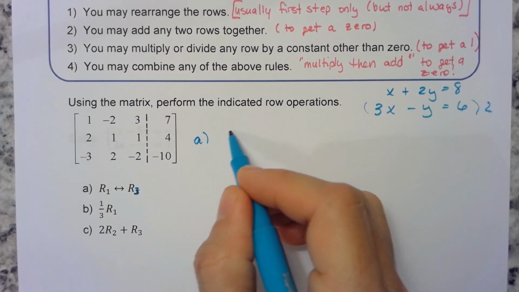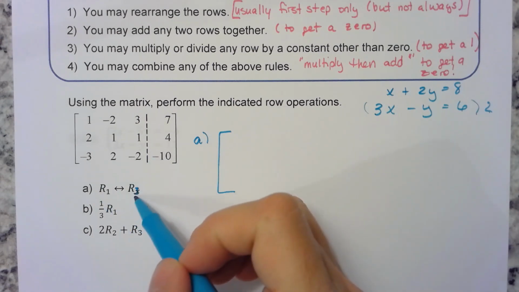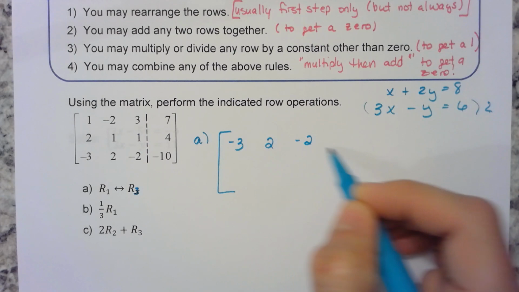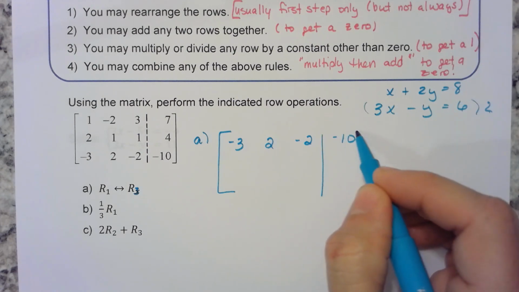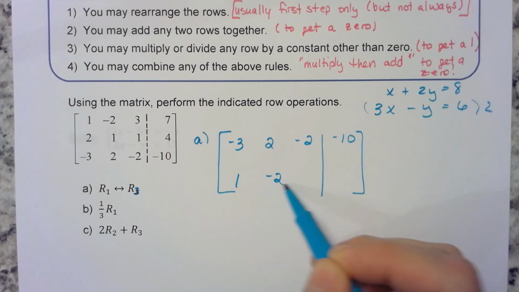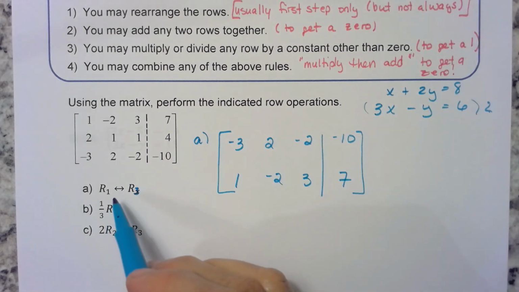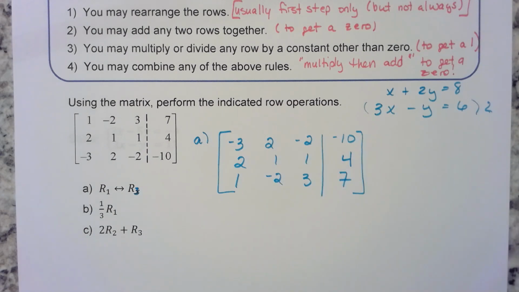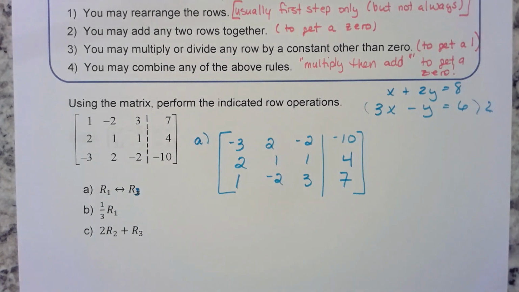So for A, row 3 becomes row 1, and row 1 becomes row 3. Row 2 was not affected by this row operation. That's all you have to do when you switch 2 rows.